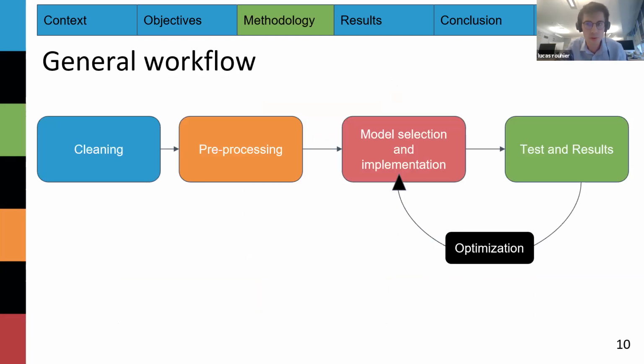Just before we move on to our approaches, this is the general workflow that we will use for every approach. We take the data through a cleaning part where we remove what is unwanted or totally incoherent with what we expected.